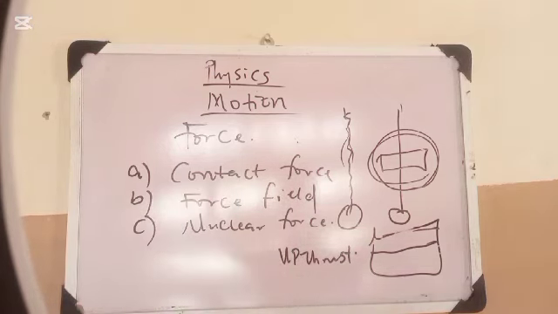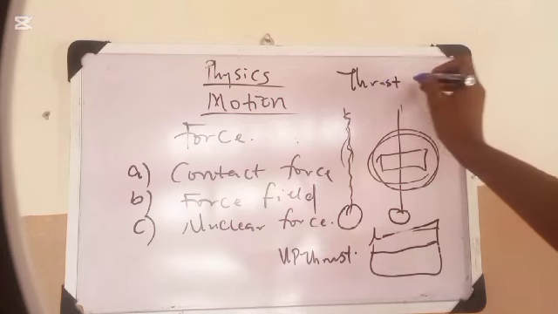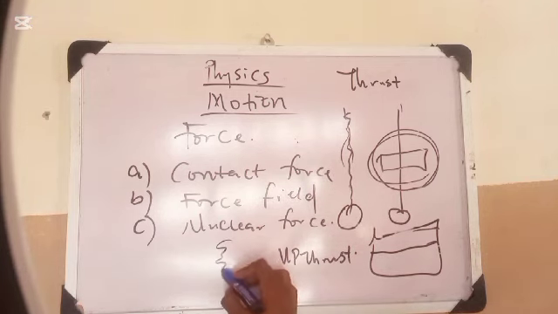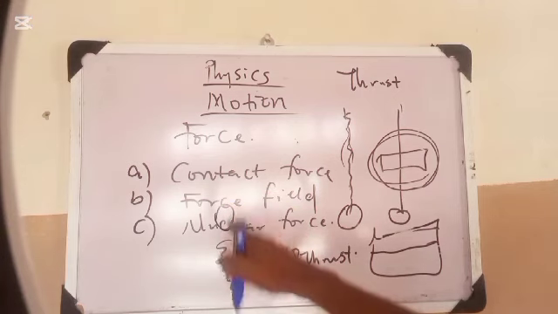And the last type of reaction force is what we call the thrust. This type of force is the one that occurs when you have a spring, and you apply a body of mass on this spring.